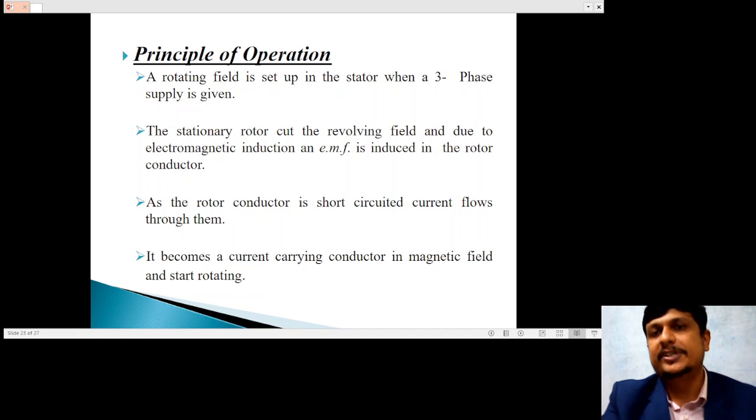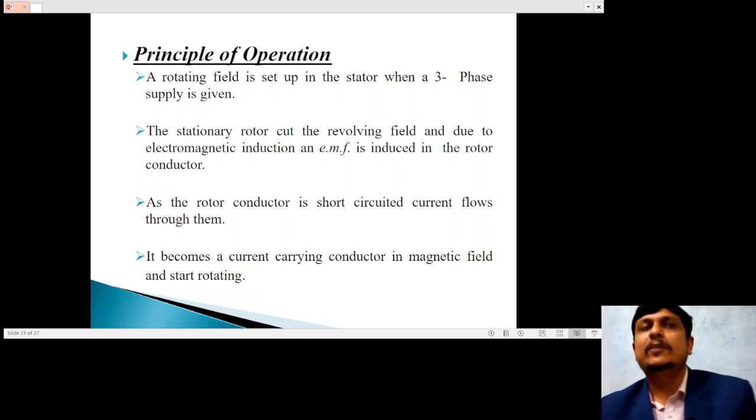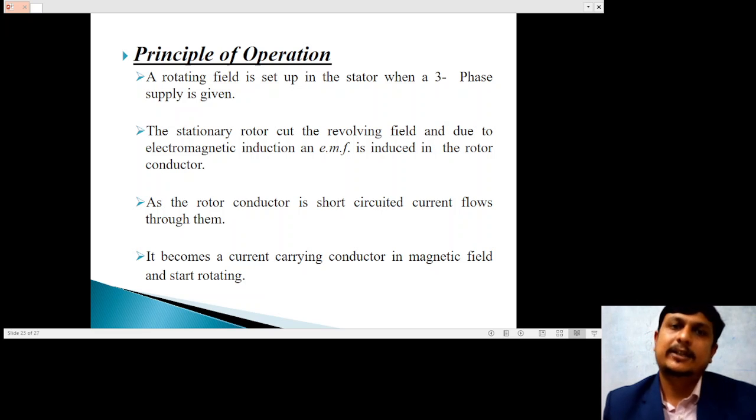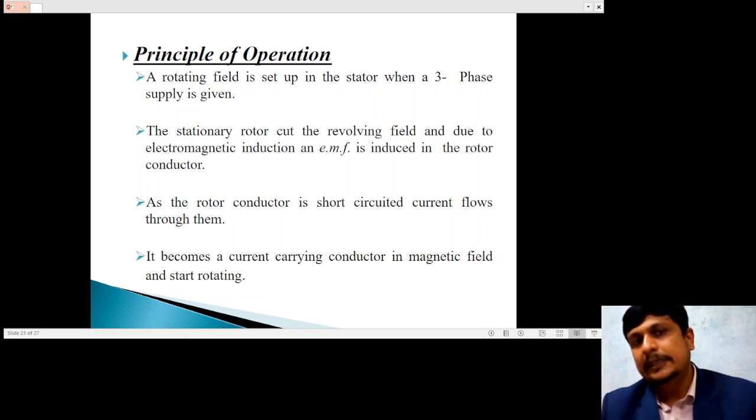So, the principle of operation, how it works. This is very important. What happens when we give a three-phase supply to the stator of a three-phase induction motor? A rotating magnetic field develops around the stator periphery of the motor. When that rotating magnetic field links with the rotor conductors, as per Faraday's law of electromagnetic induction, an EMF is induced in the rotor conductors, and as a result, current flows in the short-circuited conductors.